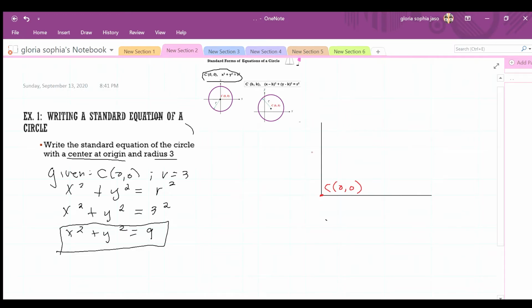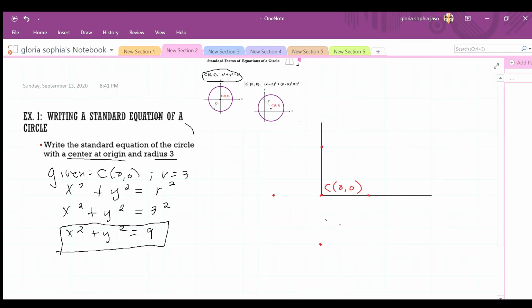So, 1, 2, 3. Ayan, locate lang natin. Then, move 3 units downward. So, 1, 2, 3. And then, move 3 units to the left. 1, 2, 3. So, very easy lang yung pag-graph natin ng circle.